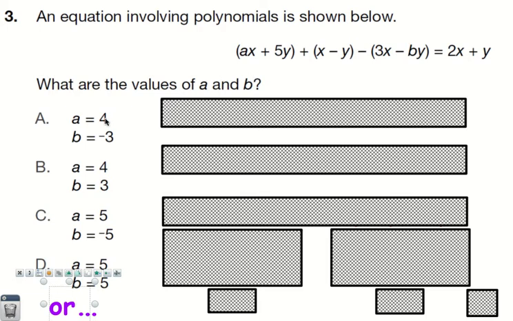You could throw these numbers in for A and B and see if it checks out. And if it does, great. If it doesn't, you could try these numbers for A and B, and then try these, and then try these. Or you could just try to simplify and just work with this left side as is.